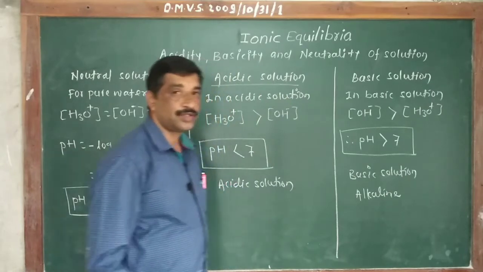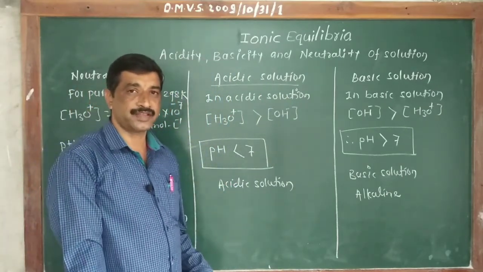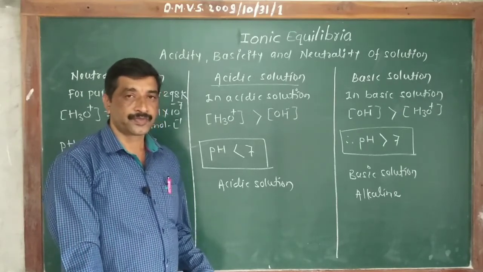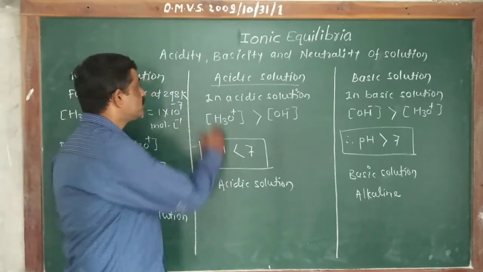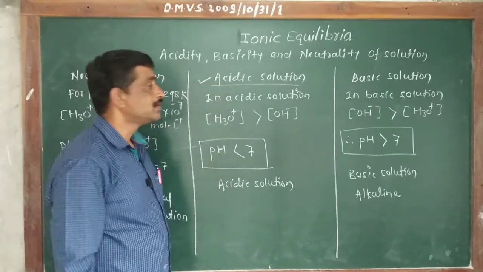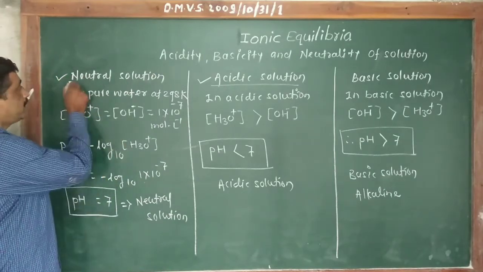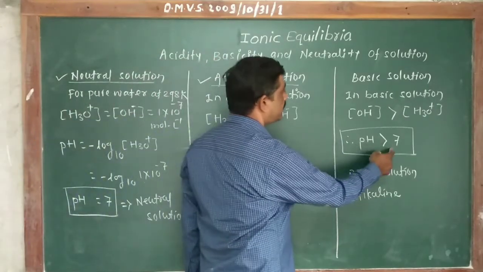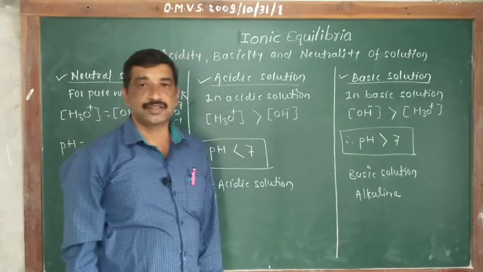So this is about the pH of a solution. In short, the pH of a solution changes from 1 to 14. If the solutions have pH less than 7, then such solutions are called acidic solutions. The solution which has pH exactly equal to 7 is the neutral solution. And if the pH of a solution is greater than 7, then such solutions are called basic solutions.